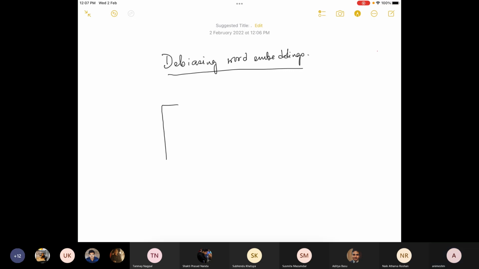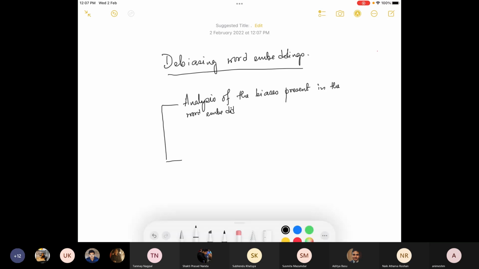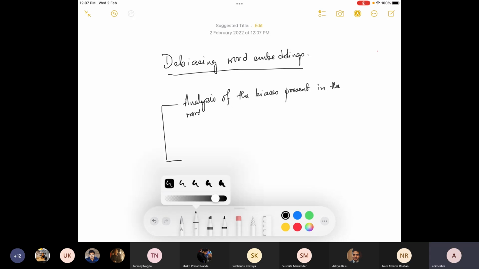One was all about analysis of the biases present in the word embeddings. This was one part of the study.